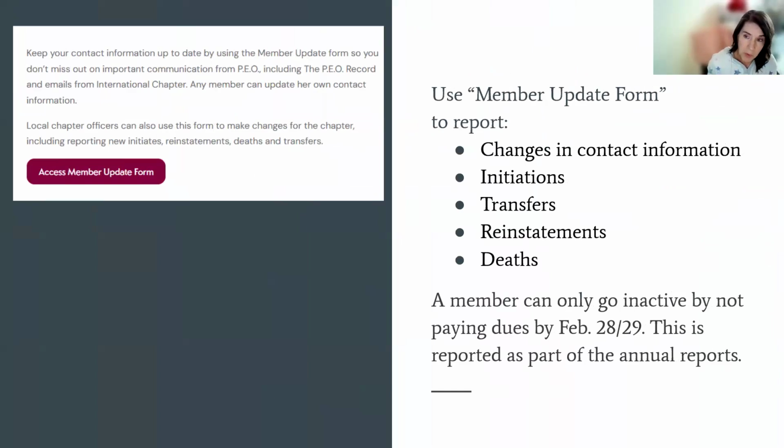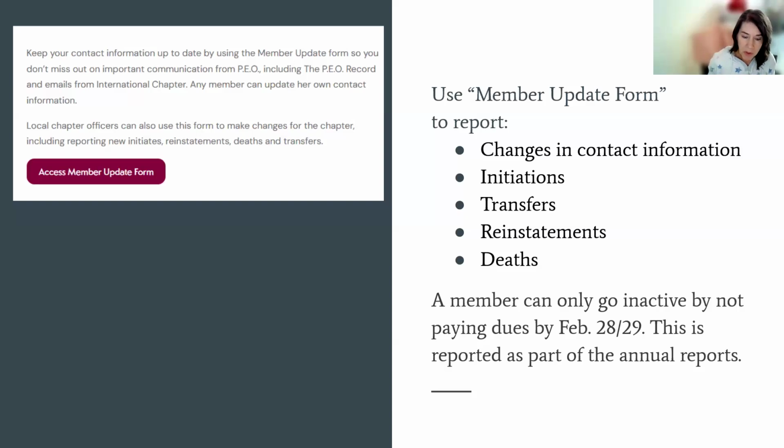An individual member does have the ability to update her own contact information, so you might want to double check with her to see if she's already done it or she'd like help doing it. If it's a sister who struggles a little bit with technology, just go ahead and update that information for her.